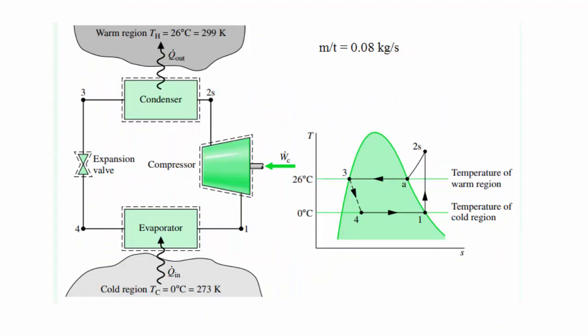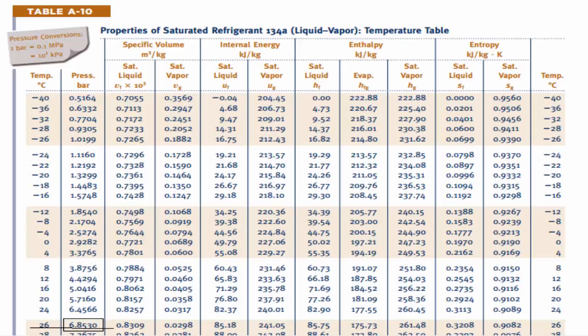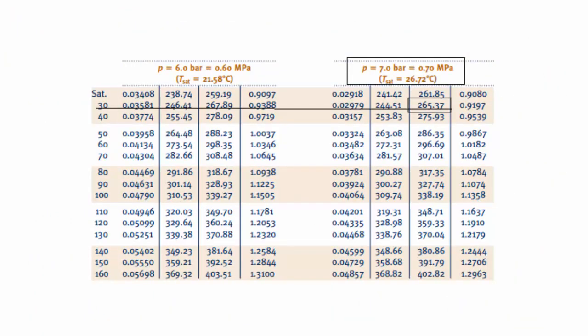So the 2s point is actually the superheated stage. So the enthalpy at 26 Celsius is not the enthalpy of stage 2. We will only see the pressure line or the pressure point at 26 Celsius as it is superheated. So we will go into the superheated table and match the temperature and pressure lines.